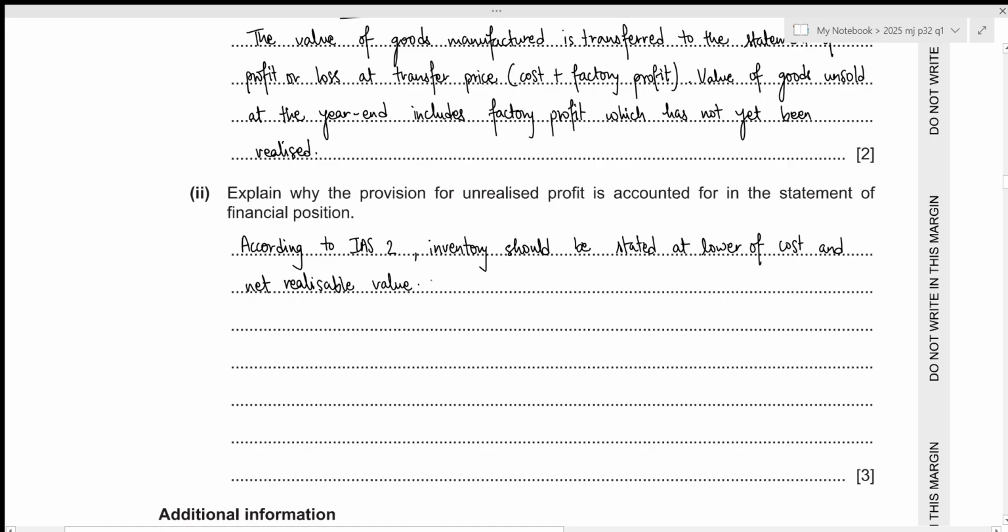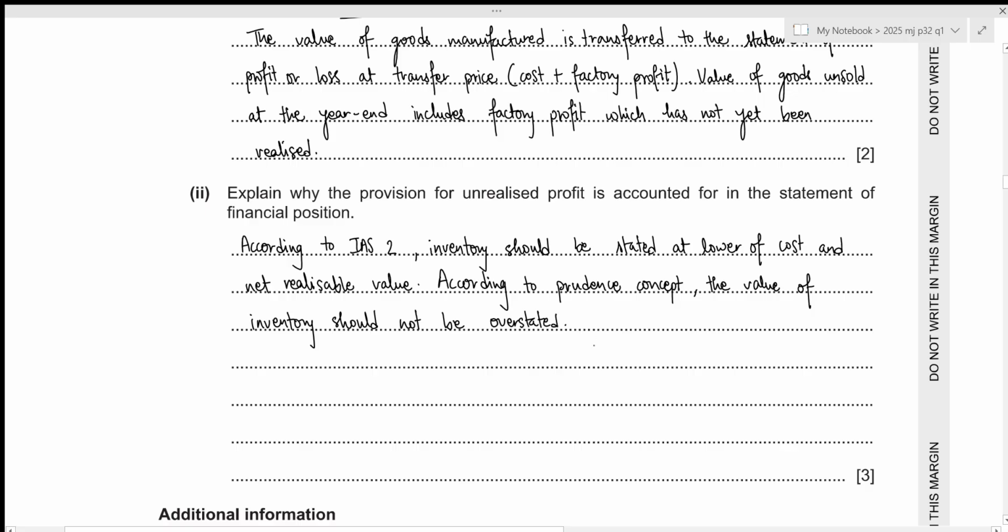The second accounting concept is the prudence concept. So according to the prudence concept, the value of inventory or the value of assets should not be overstated.